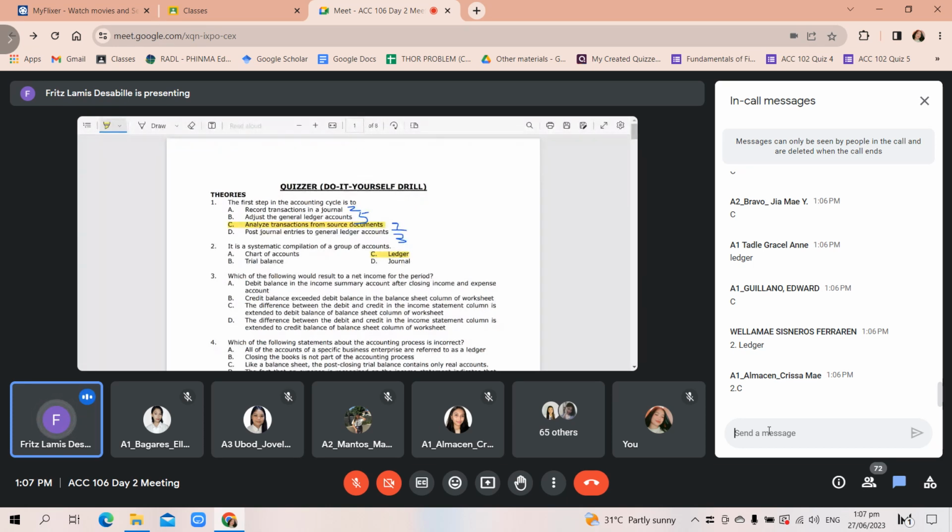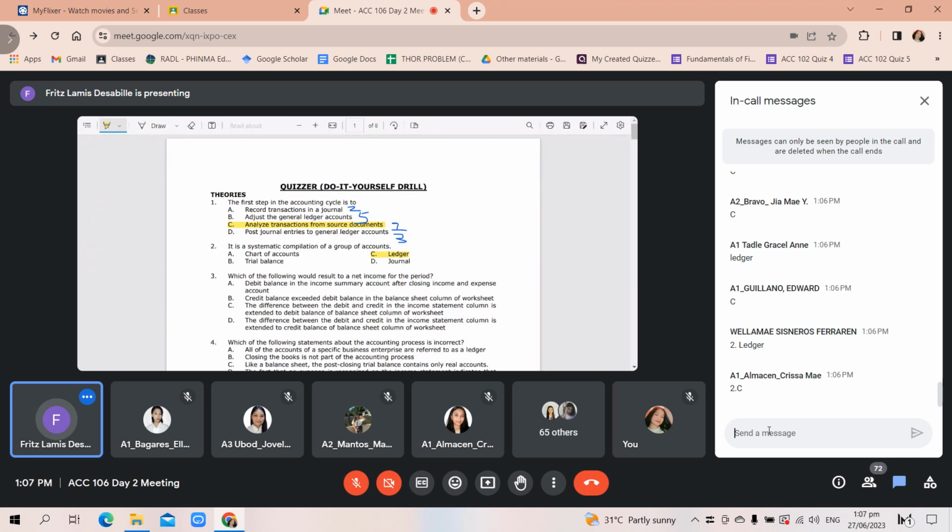So more on the chart of accounts. The trial balance is similar to the ledger. However, the trial balance contains the balances, the debits and the credits. So trial balance means the summary of all the accounts and their respective balances.